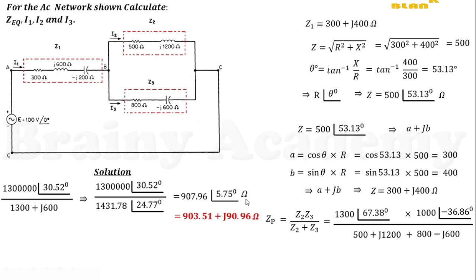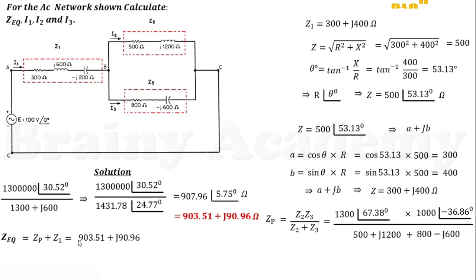I hope you understand. So now that we have calculated the impedance in parallel, let's solve for the total impedance, that is ZEQ, by adding the impedance in parallel to the impedance Z1. So ZEQ, the total or equivalent impedance, is equal to ZP plus Z1.